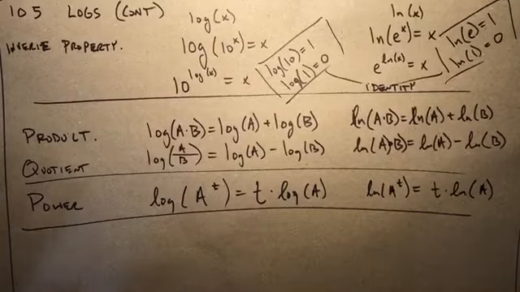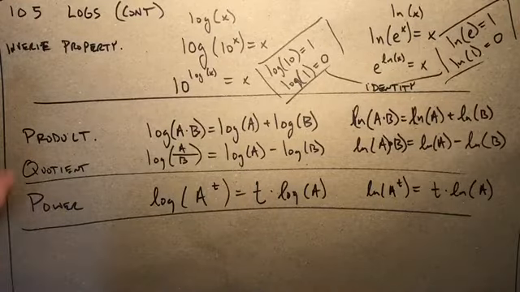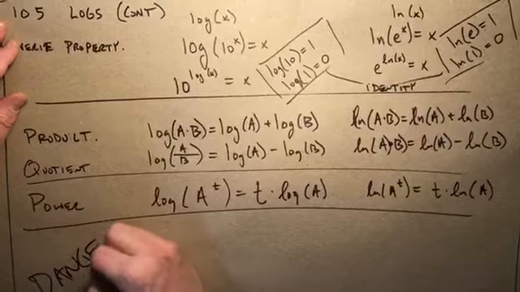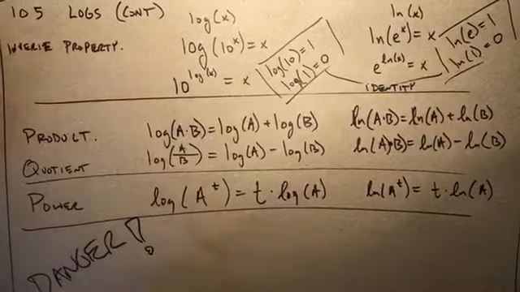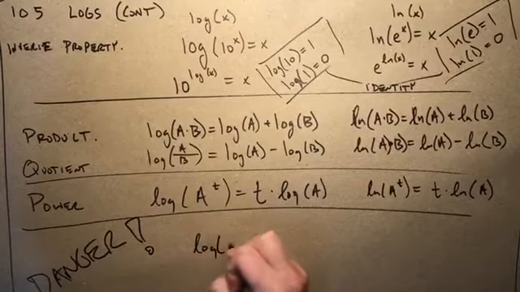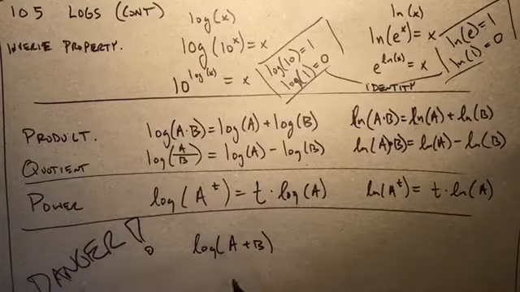Now, there is some trash that exists in this world, and the things that you have to watch out for is when you start trying to make up new and exciting rules that don't exist. Something like this, the log of a plus b. And someone's like, oh man, I know that when I add something, it's going to come out beautifully.